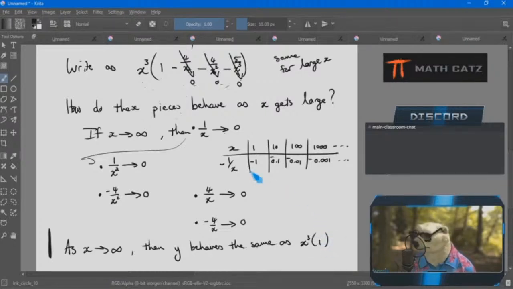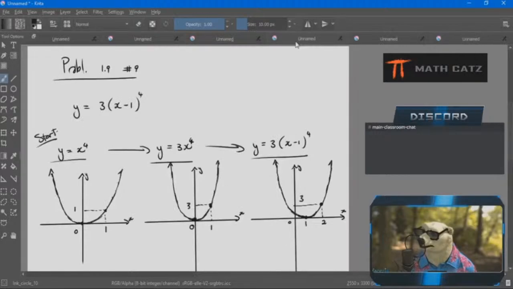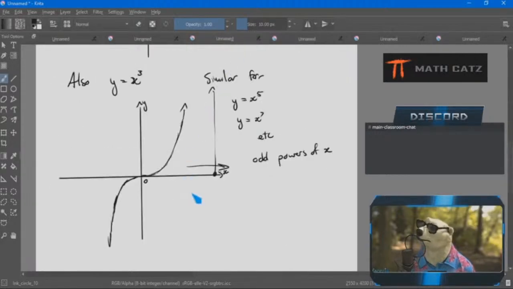So that means that if I look at my x cubed function, where is it? It's over here. In the middle, it could be very different, up and down, all kinds of things. But if I just go far enough, eventually it's going to follow that template x cubed graph.